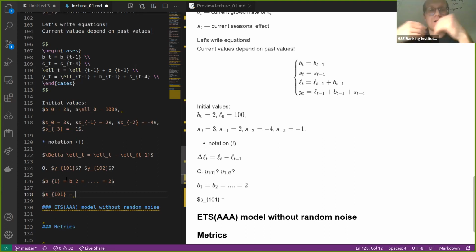If we calculate the remainder by 4, every 4 observations of S are exactly the same. So S101 is exactly like S97, exactly like S93, and so on.